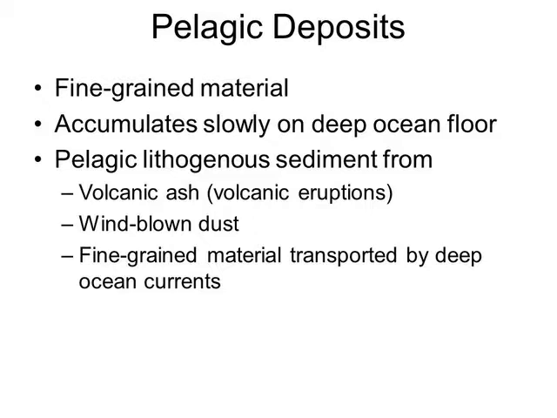So when you have those windstorms that blow a lot of material out into the ocean, that's what settles. And then any fine-grained material that's transported by ocean currents. So these are typically material that started off on the beach, made their way into the continental shelf, down into the deep ocean, and was carried through the deep ocean by the currents.